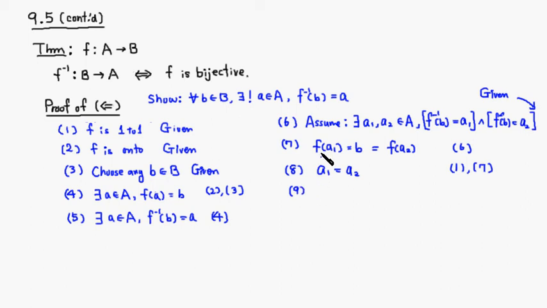That will establish that for all elements B, or maybe I should say here, how about this? There exists, right? Before we could just say there exists an element A, but now we can say there exists a unique element A in A, such that the F inverse of B is equal to that A, right?